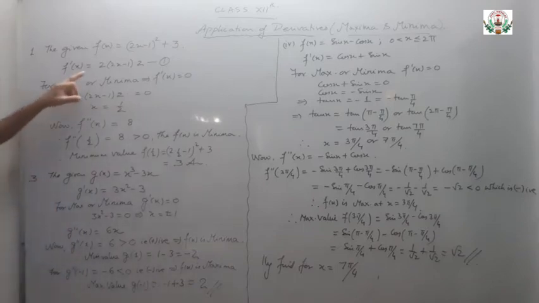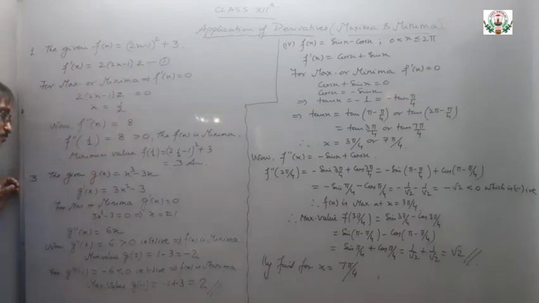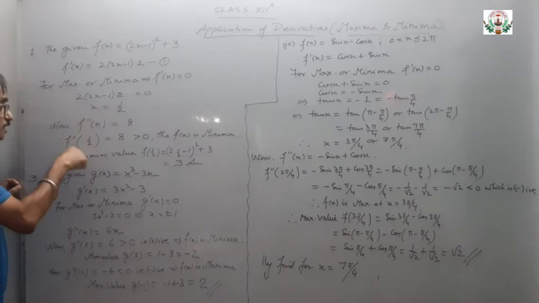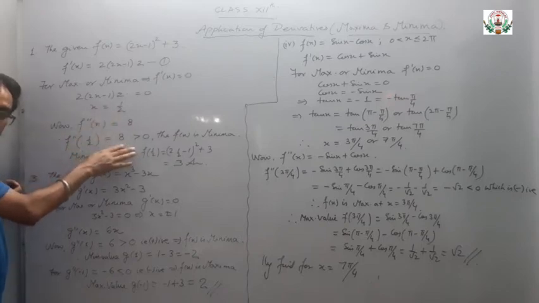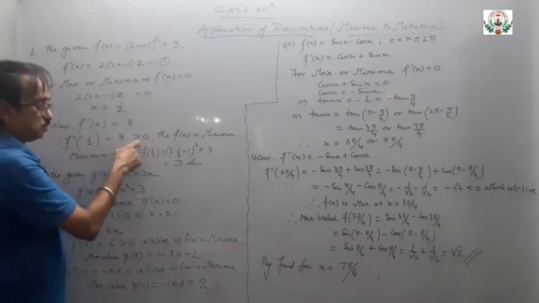Now we again differentiate this f dash x, we get 8. So there is no variable now. So f double dash, the second order derivative value at this point, is 8 only, as there is no variable, which is positive. So it is greater than 0.